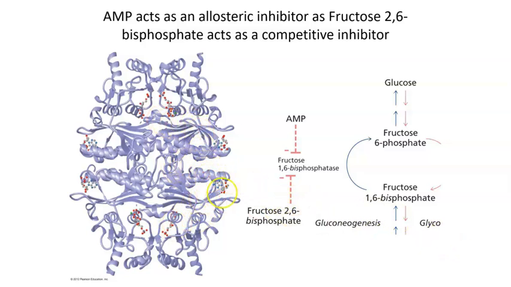You can see it's a tetramer, so there's 1, 2, 3, 4 components of this. And this is the inhibitor, and this is the enzyme, the fructose 1,6-bisphosphatase that we're looking at over here. So the more AMP that is there, the higher the concentration, the more that can be bound in these different regions, and the less active this enzyme gets.